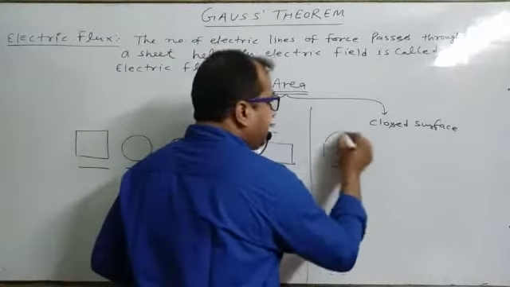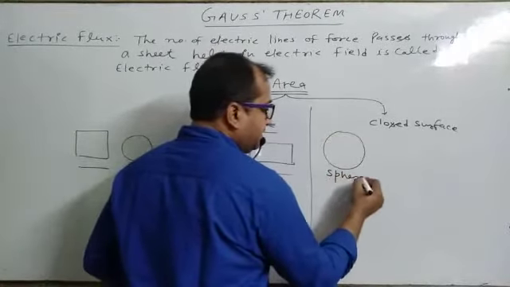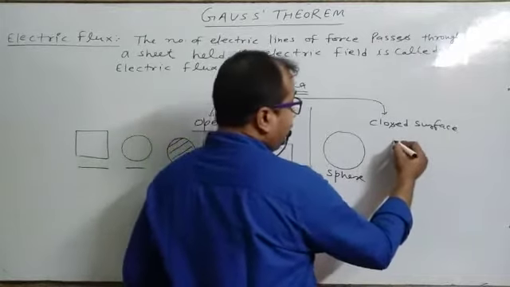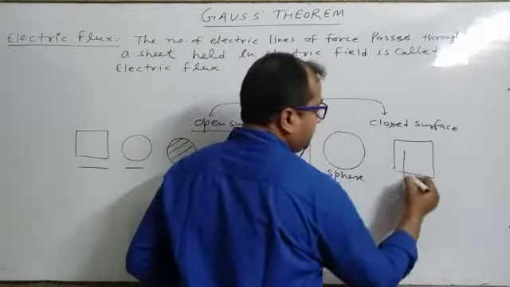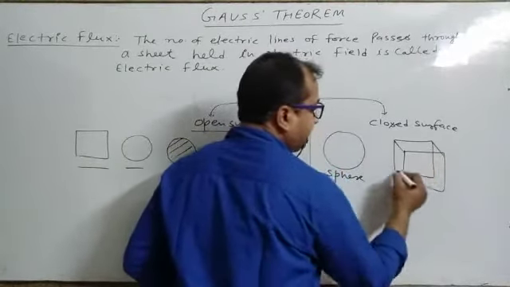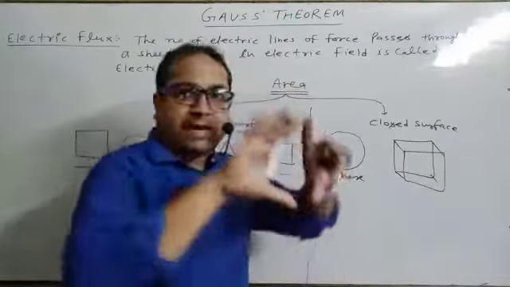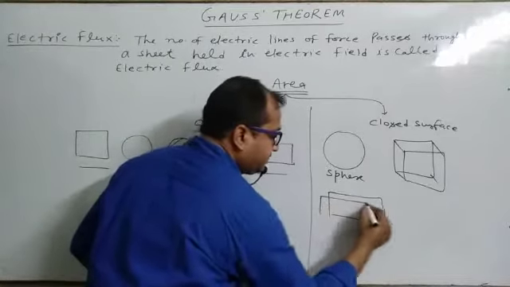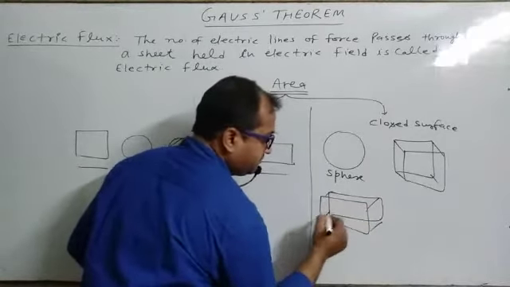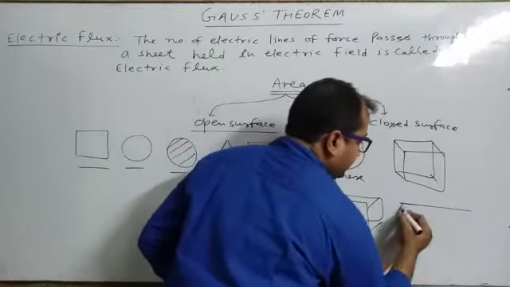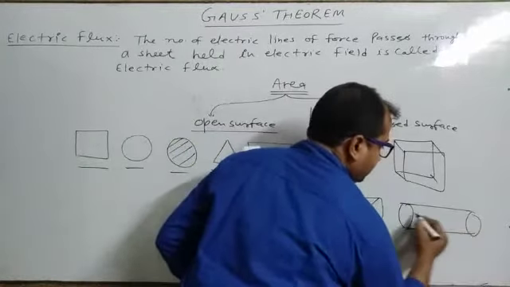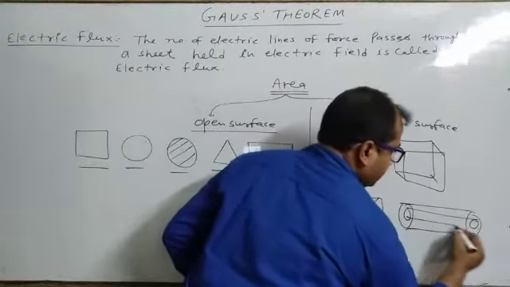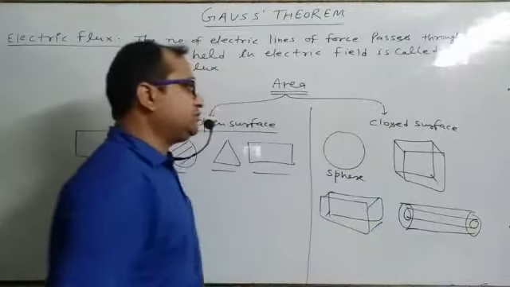Like sphere and cube. This is the example of closed surface. Cube, like packing, cuboid and cylinder. So they have closed surface.